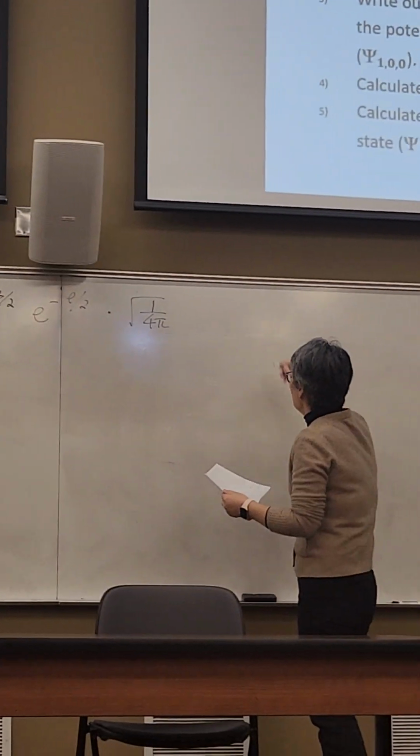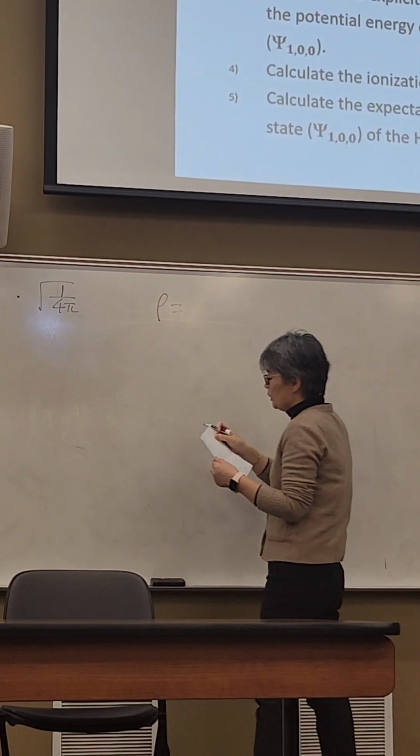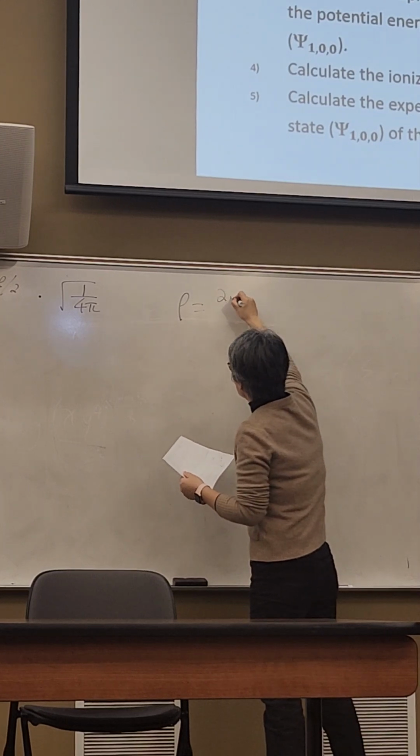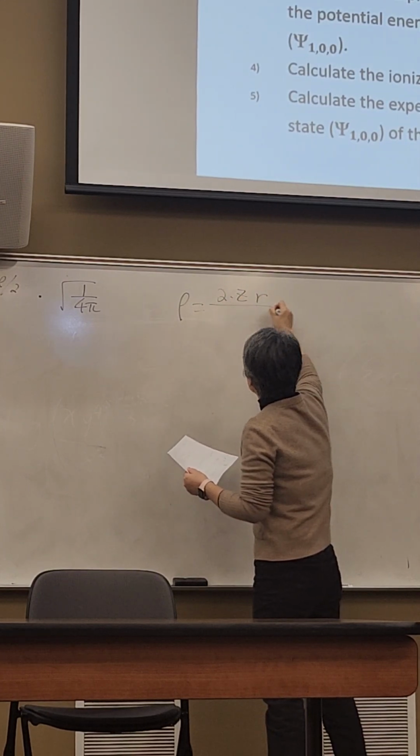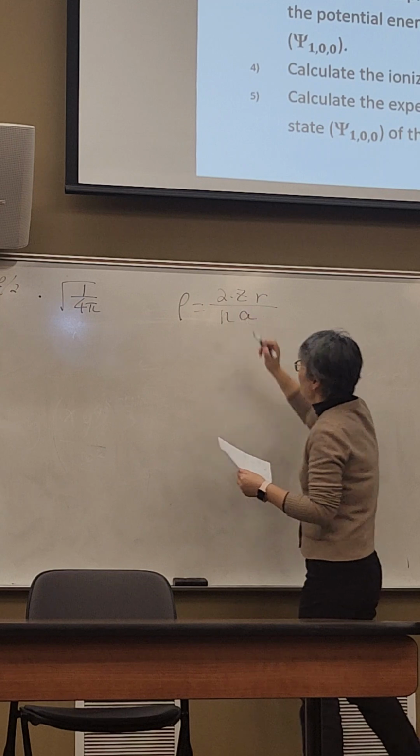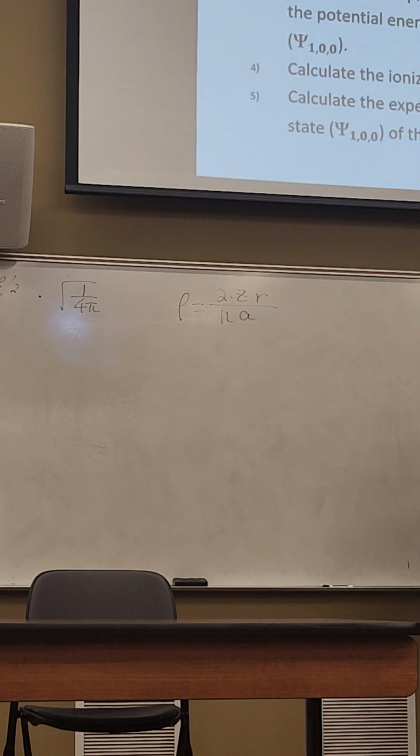Now we know that in the expression, R is substituted by rho, which is a function of the radius as a variable, so that is 2ZR over na.